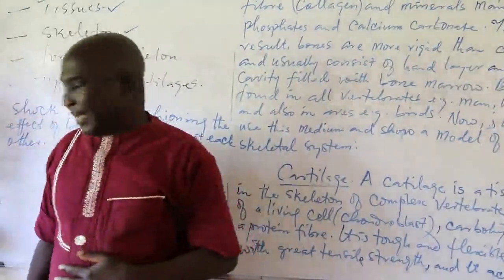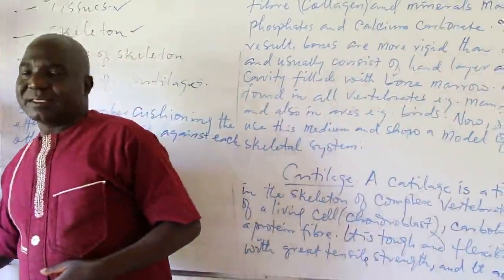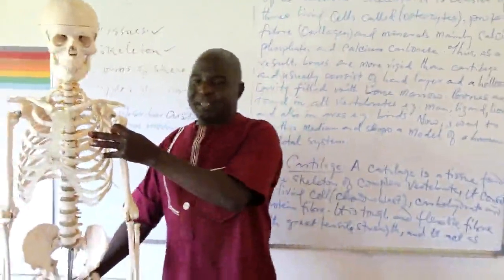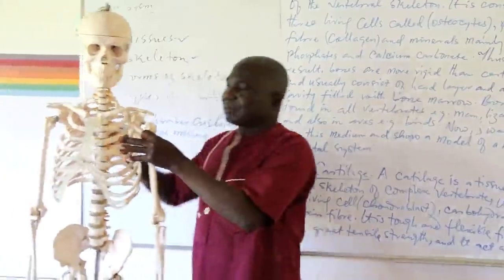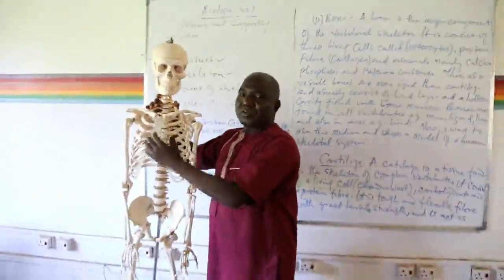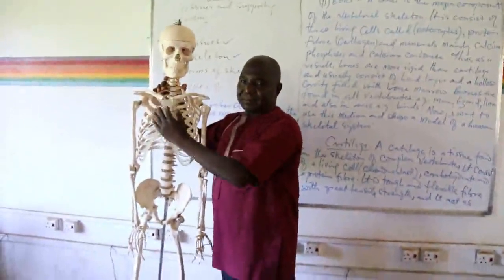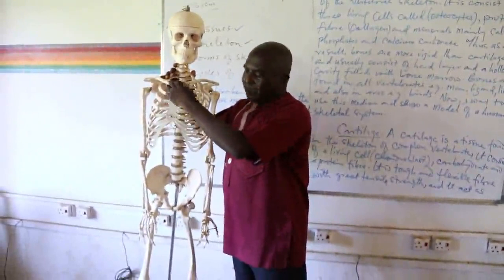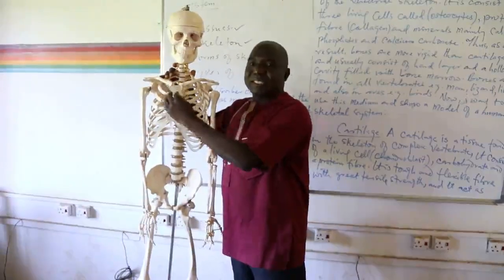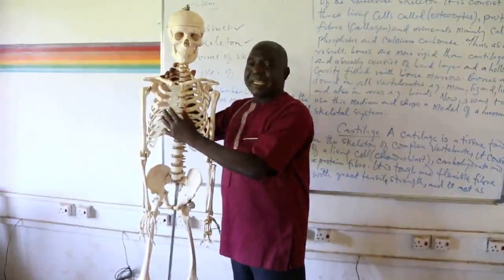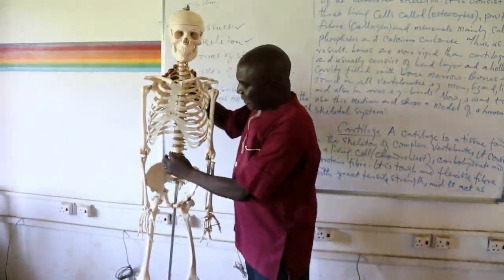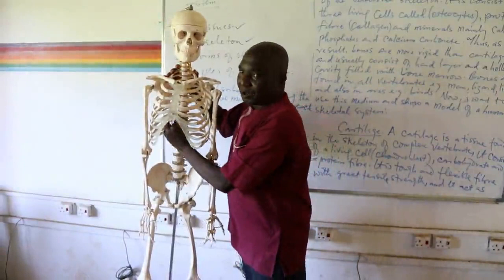This time again, I will use this human model to show these cartilages here. The bones of the breast are called the breastbone, and the breastbone is completely cartilage. They are not bones. Cartilages are found in between the vertebral column.